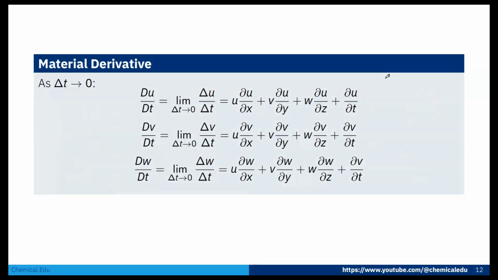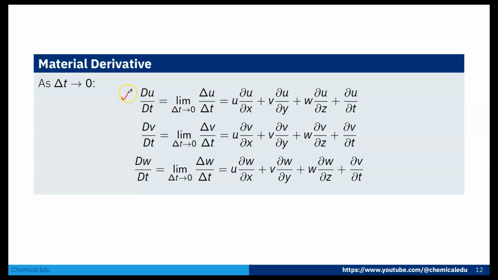So now we plug in, and we'll get capital Du/Dt is nothing but u into the partial derivative of u with respect to x, plus v into the partial derivative of u with respect to y, plus w into the partial derivative of u with respect to z, plus the partial derivative of u with respect to t.